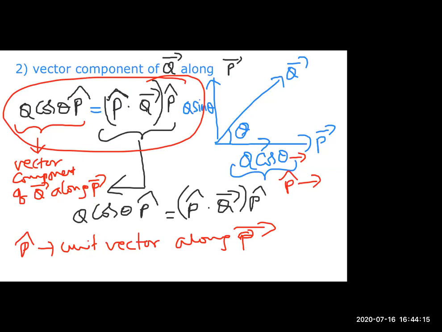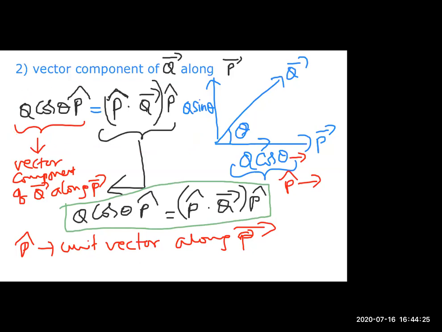This is my final conclusion. So I had this value here. Now I am taking this value, q cos theta p cap. The q cos theta p cap value is p cap dot q bar into p cap. I am bringing this one and substituting it in our expression now.